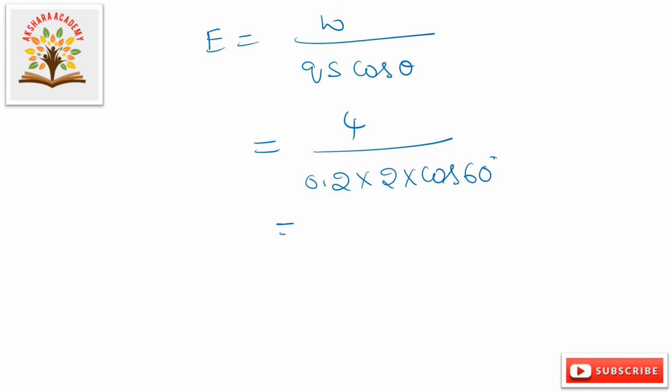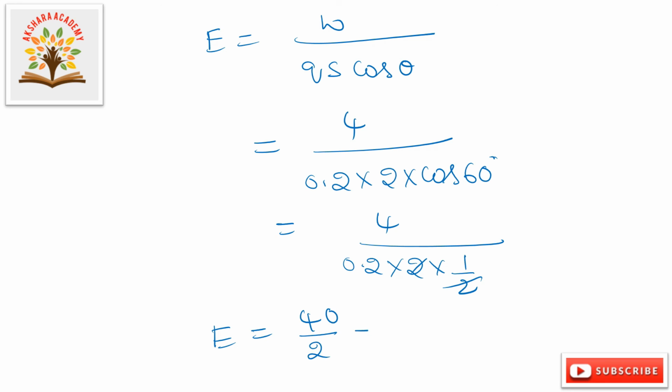So 4 by 0.2 into 2 into cos 60, 1 by 2. 2 gets cancelled. So E is equals to 40 by 2, that is equals to 20 Newton per Coulomb.